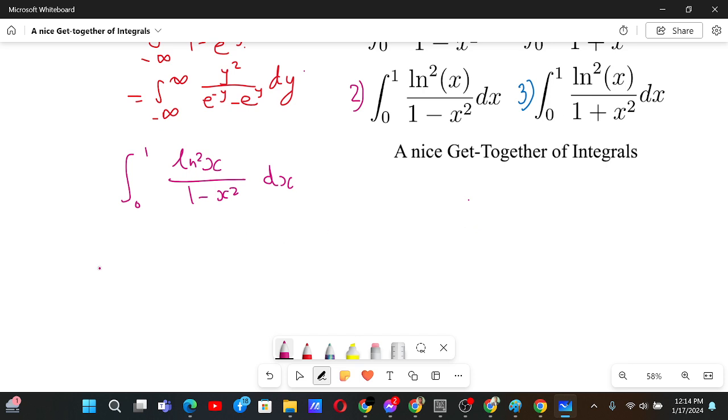The other approach is from the digamma function, and for that it should be in a form something like this: x to the power n, ln x to the power m, by 1 minus x. If our integral is in this form, we will be able to use the digamma function.